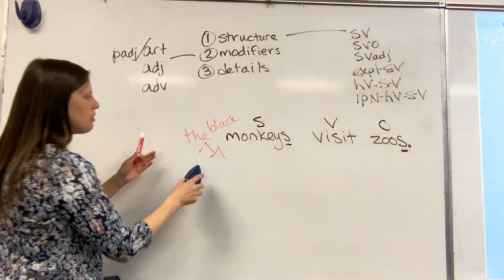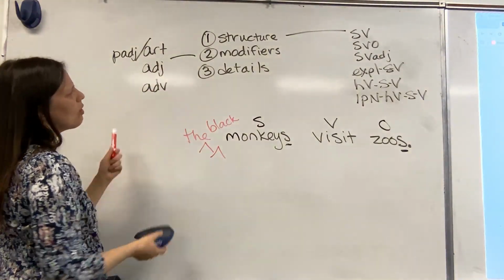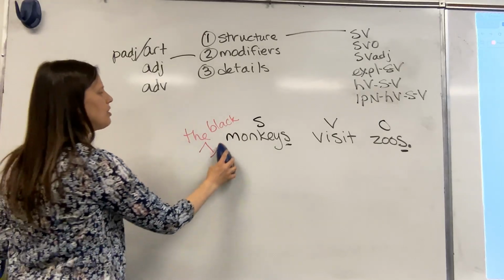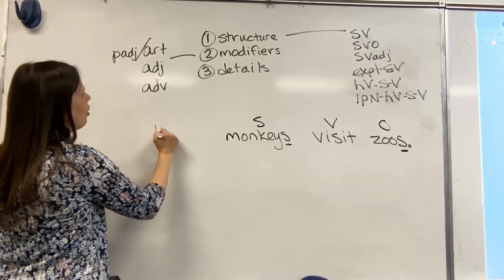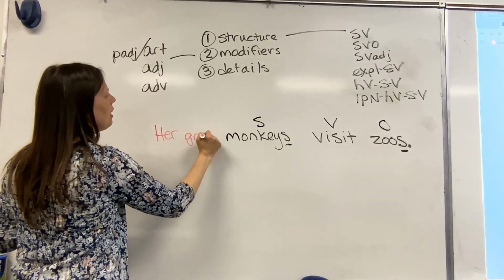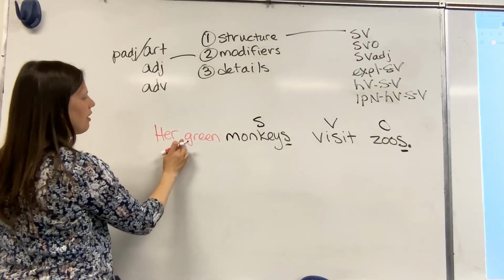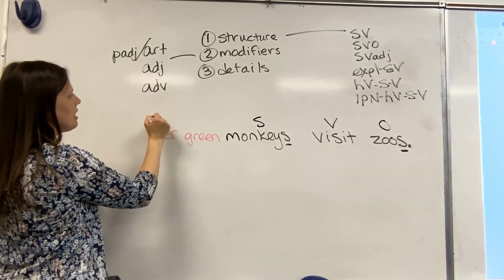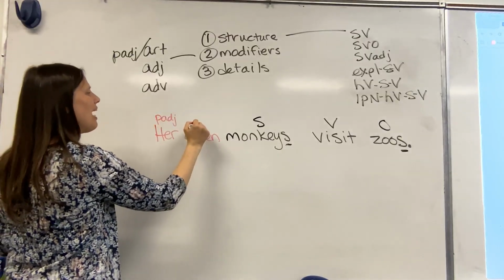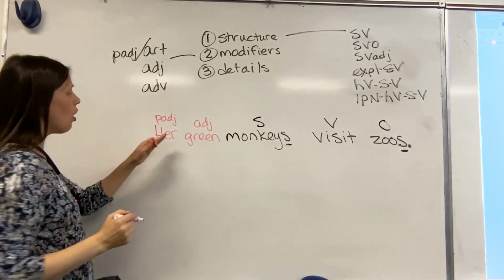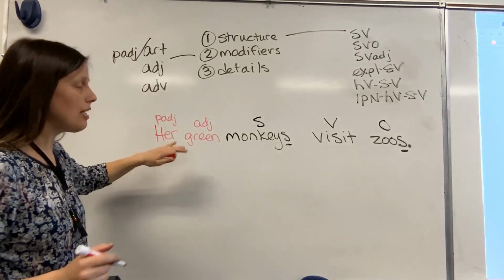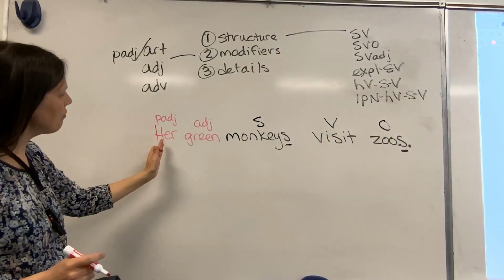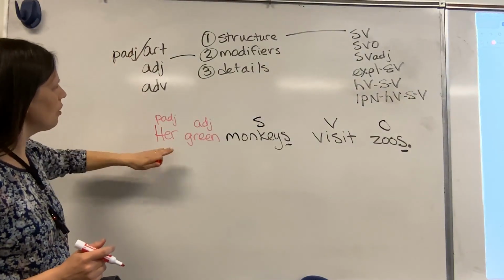So if I rewrote this, and instead of an article, maybe I want to use a possessive adjective instead, then I could say it like this. Her green, I'm just going to change the adjective there just for fun. So we have a possessive adjective here. We have an adjective here. We cannot have an article because now we have a possessive adjective. They don't work together. They have to be one or the other, possessive adjective or article.